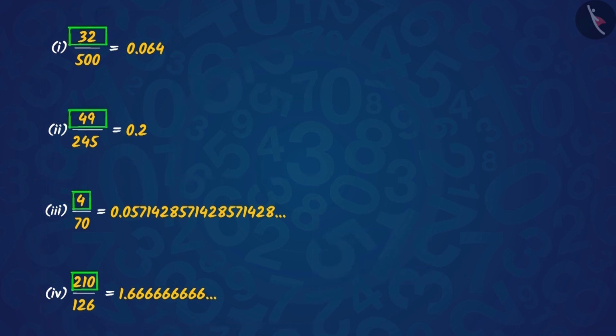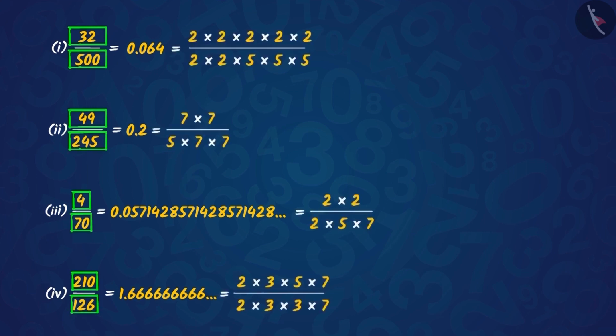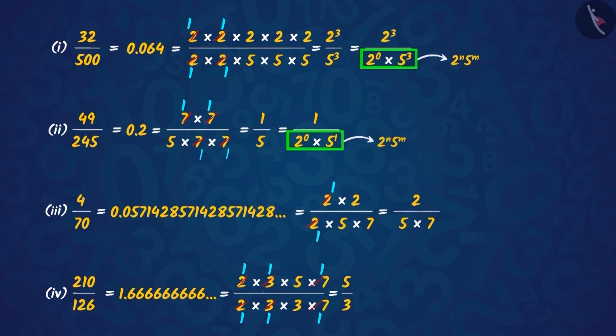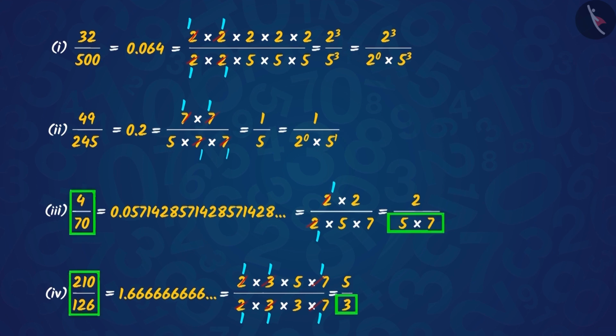If we take the numerator and denominator of these rational numbers in the form of prime factors, you will see that the denominator of terminating rational numbers can be written as 2 raised to n into 5 raised to m, while the denominator of non-terminating rational numbers cannot be written in this format.